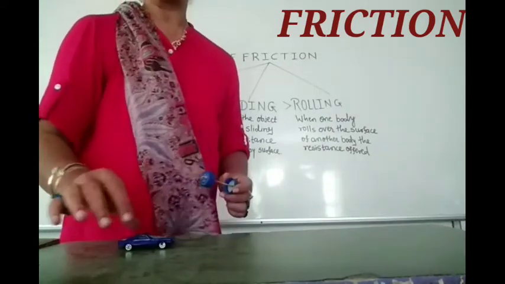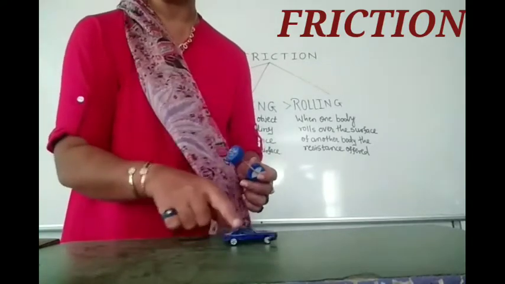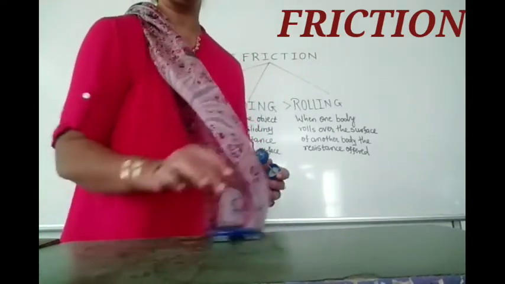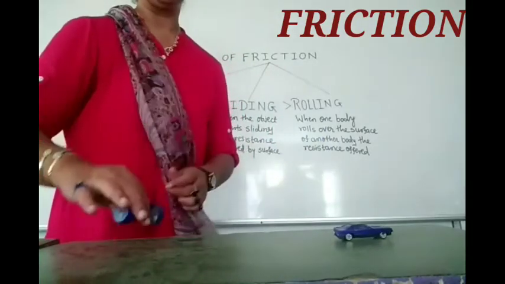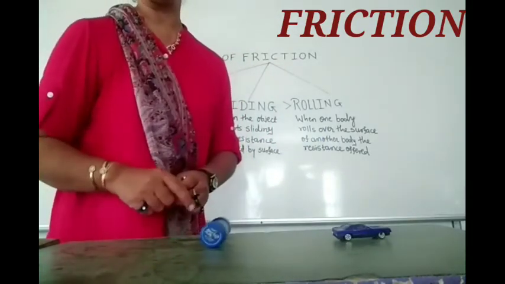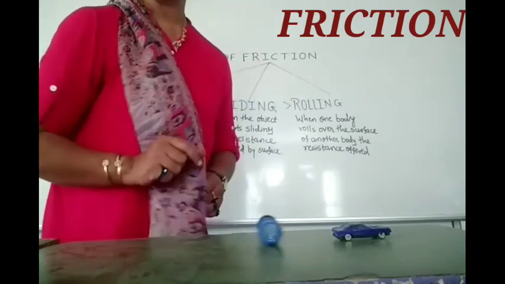You can see over here that this is having the rollers in the form of wheels, and this is moving comparatively very fast, and these rollers are made with the help of toothpicks and the lids of bottles.